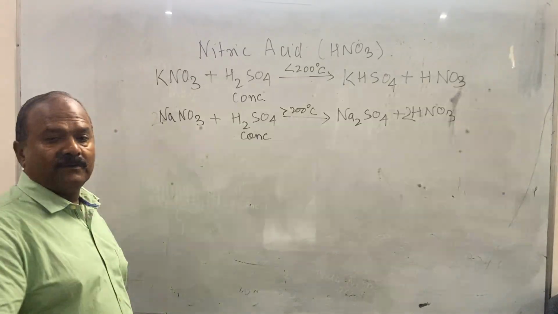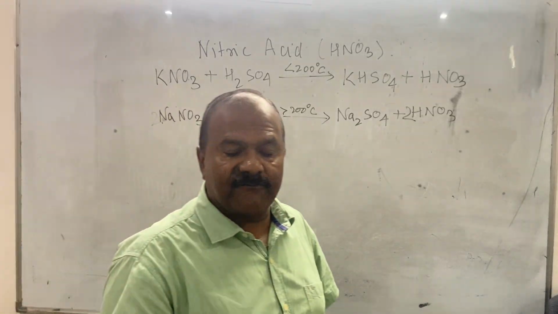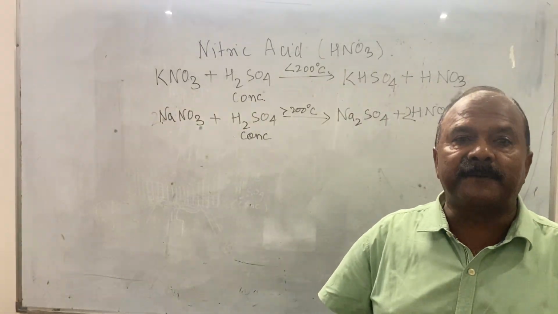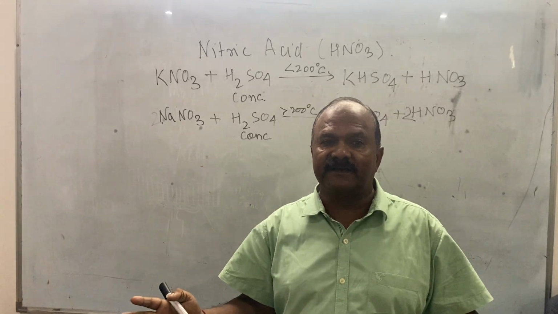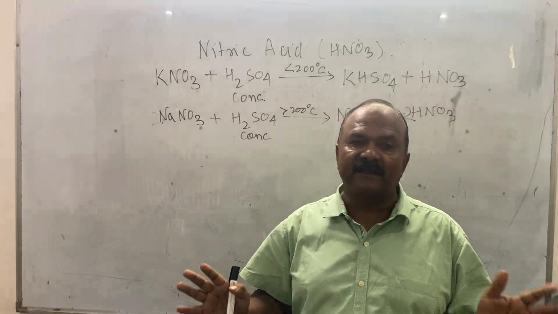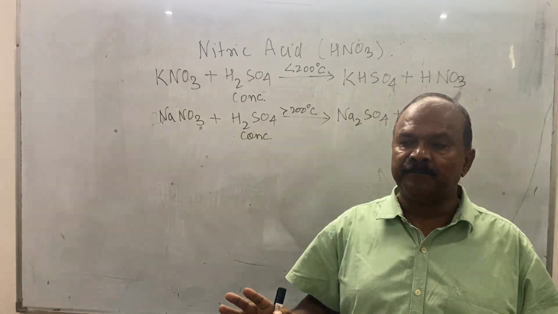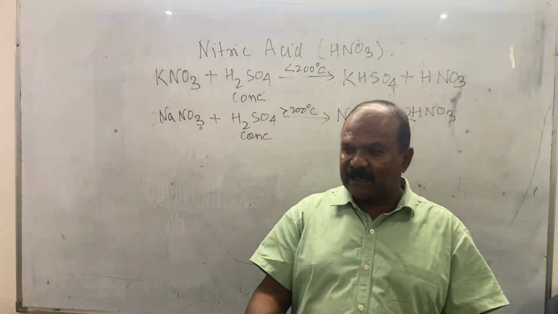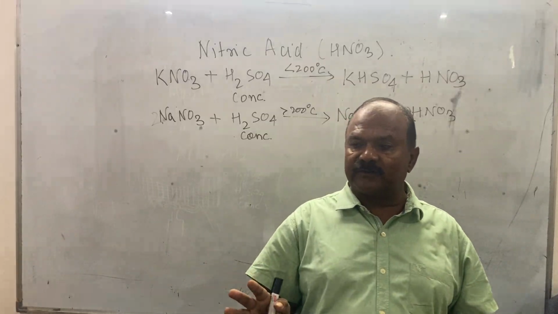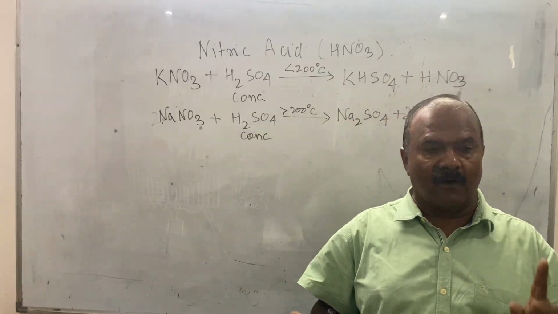Now we are going to do the lab preparation of nitric acid. In the lab preparation of nitric acid, the whole apparatus is made up of glass. It's a special kind of apparatus, because the nitric acid vapors which are formed here are highly corrosive to wood, rubber or cork.